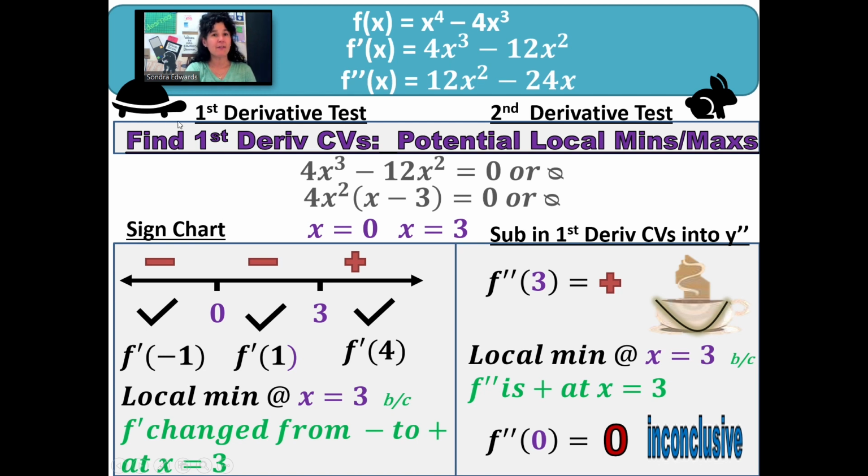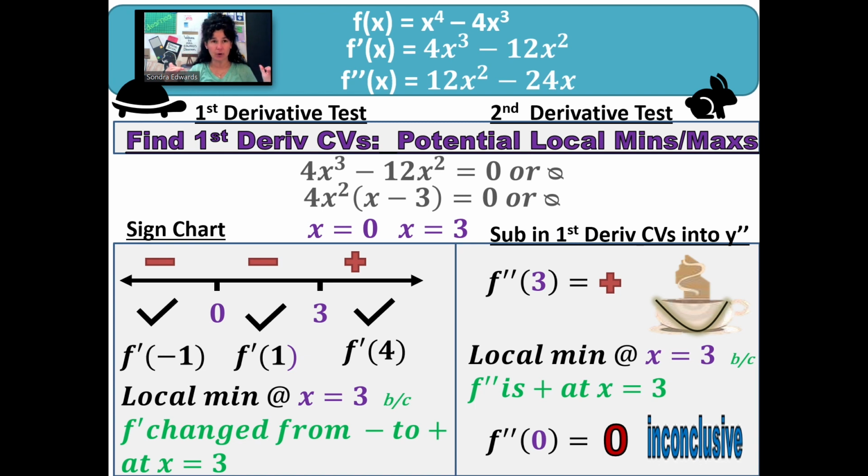I want to just elaborate a tiny bit more about the turtle and the hare here. The reason why the first derivative test is considered slow is because you have to take those first derivative critical values and put them on a sign chart, and when you go to substitute a number into f prime, you're going to have to substitute more numbers because you're doing the numbers around the critical values. And not only that, normally, as you take a derivative, the degree is going down.